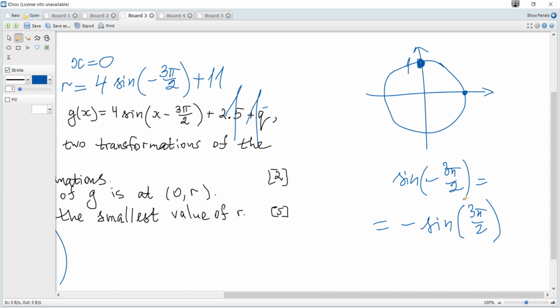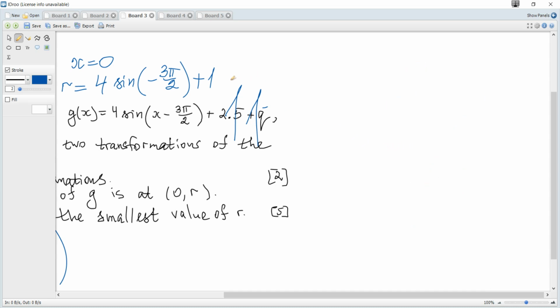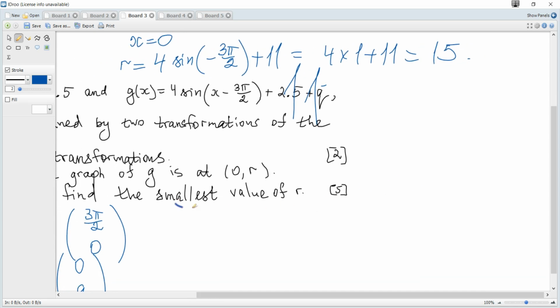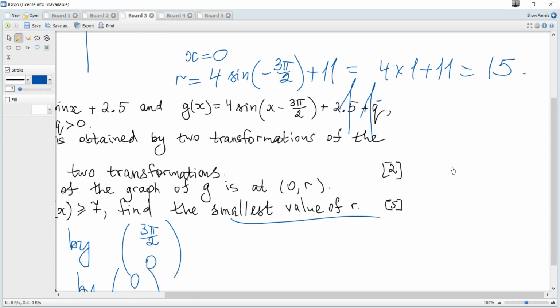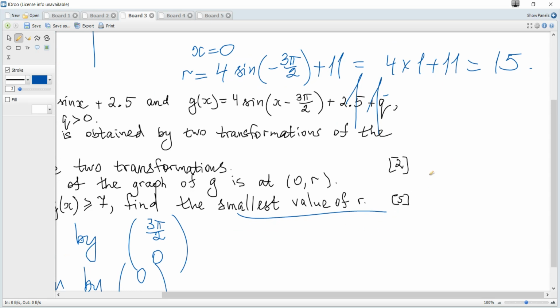So anyway, sine of negative 3 pi over 2 is plus 1, hence it becomes 4 times 1 plus 11 is 15, hence the required value of r is 15, and it's the smallest possible y-intercept as required. And that's all for this question.